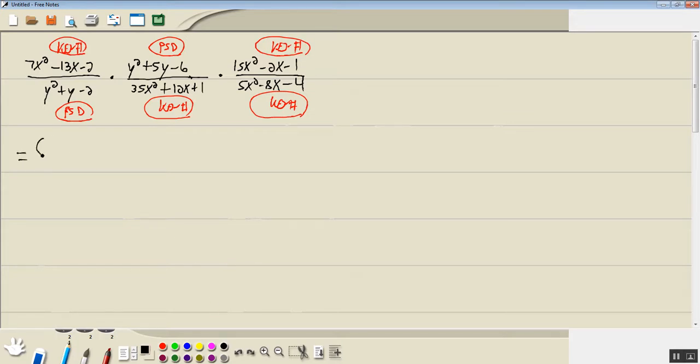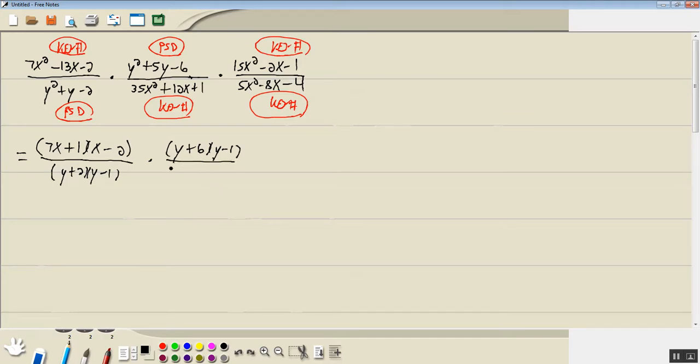Okay, so that's going to factor as 7x plus 1 times x minus 2. This one factors as y plus 2 times y minus 1. This one factors as y plus 6 times y minus 1.